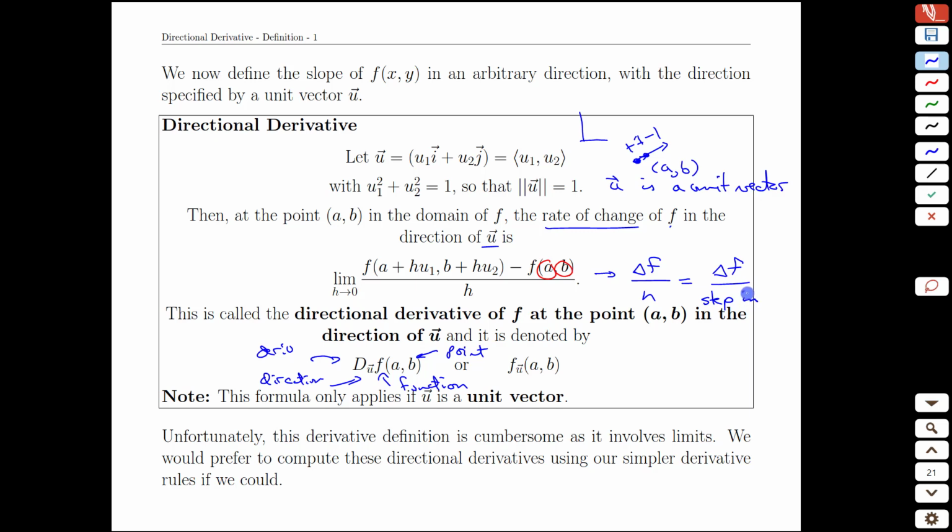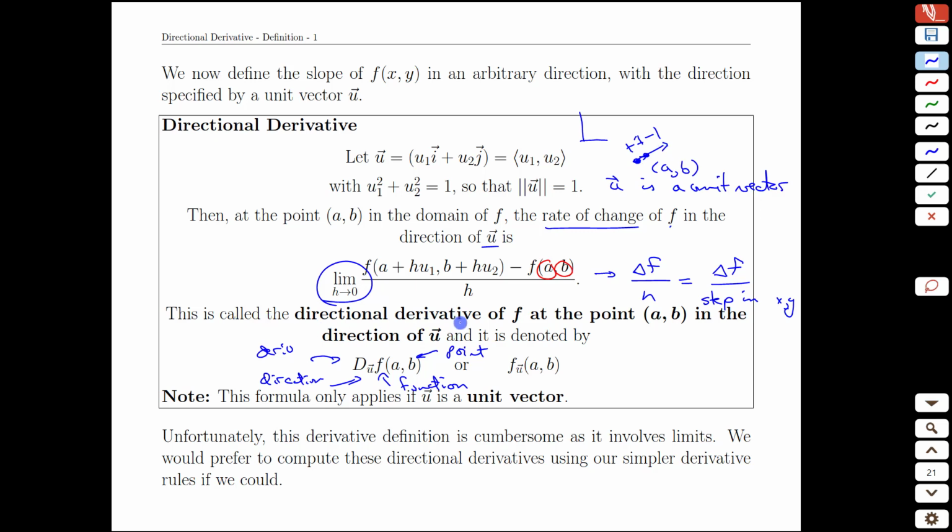It's a step in xy, the distance that we're going to travel, and then we evaluate the height of the function at the two points there, and we let that step size approach 0. That's what gives us an instantaneous slope in the direction that we're talking about.